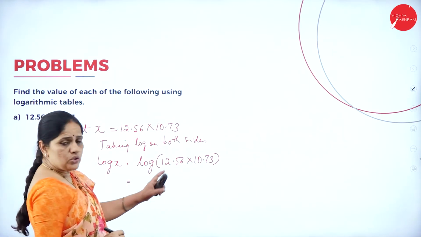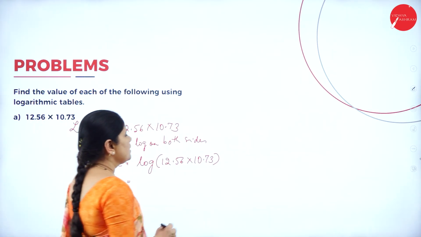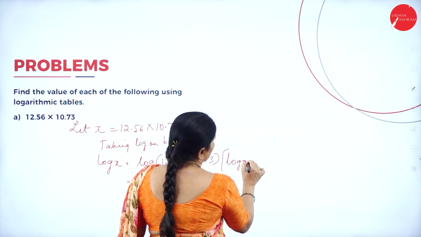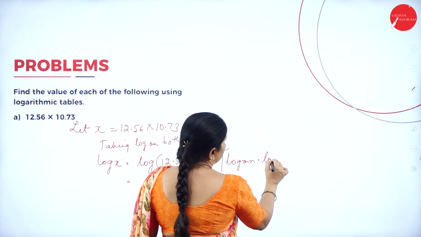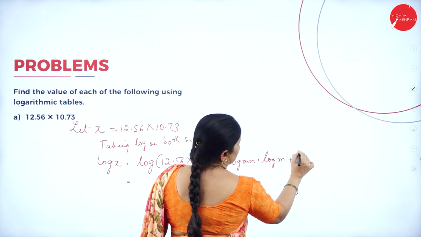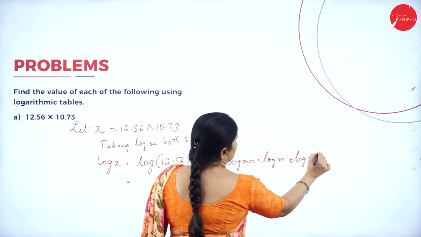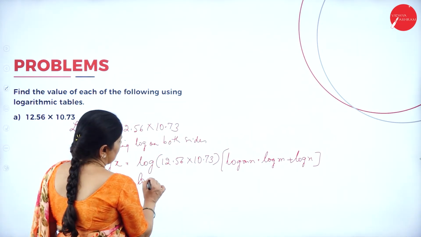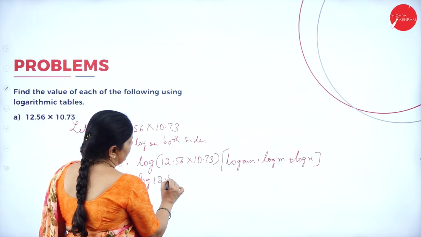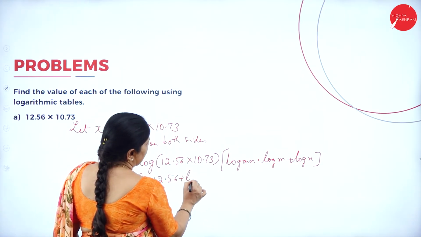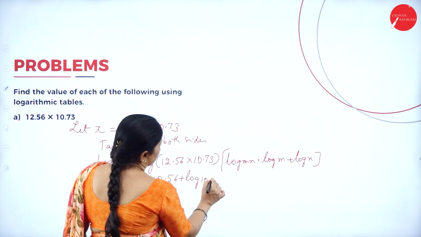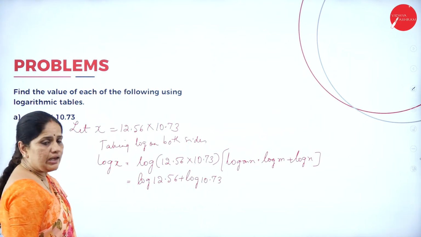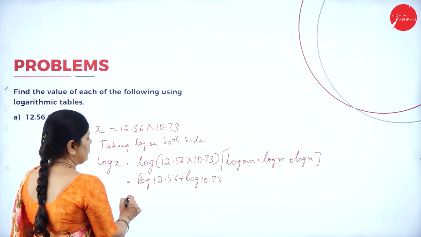Now, I will use the laws of logarithms. What does the law of logarithms say? Log mn equals log m plus log n. So, here I will write it as log of 12.56 plus log of 10.73.